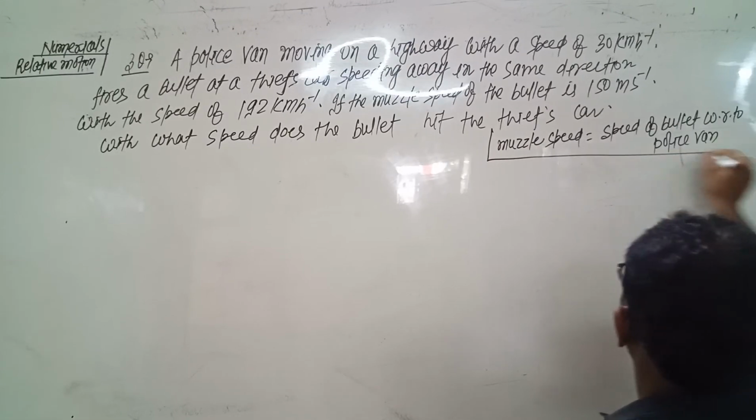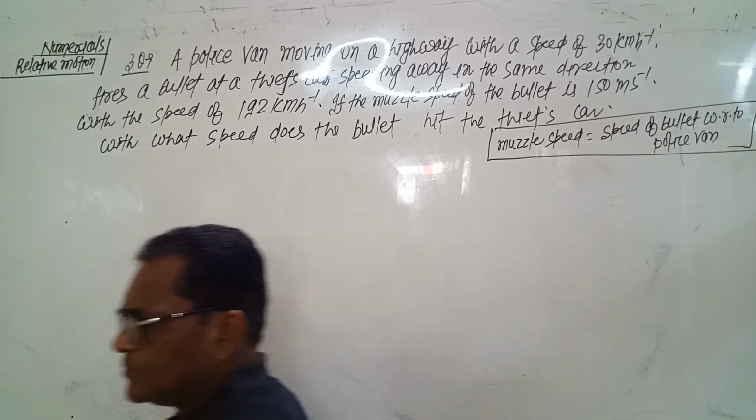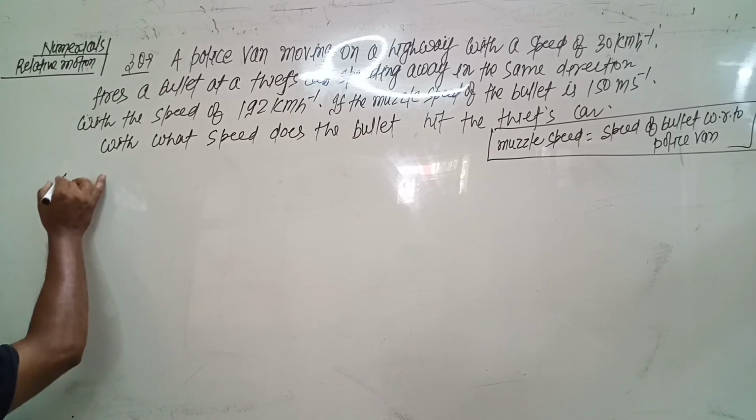So muzzle speed of the bullet means the speed of the bullet with respect to the police van. So if the muzzle speed of the bullet is 150 meter per second, with what speed does the bullet hit the thief's car? So firstly we will find the speed of police van.